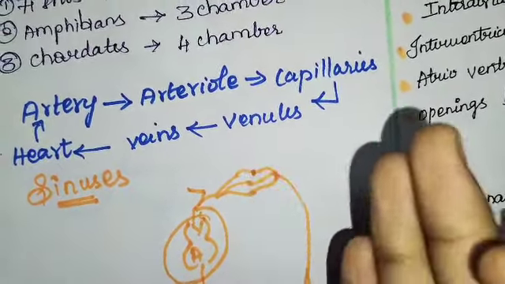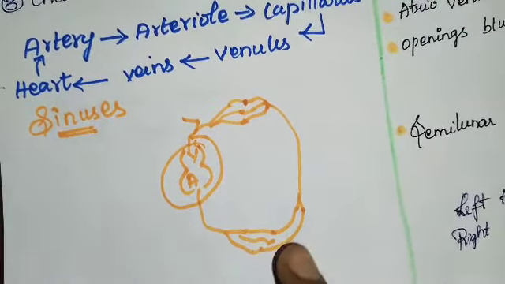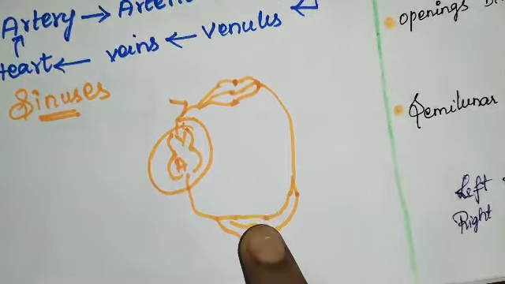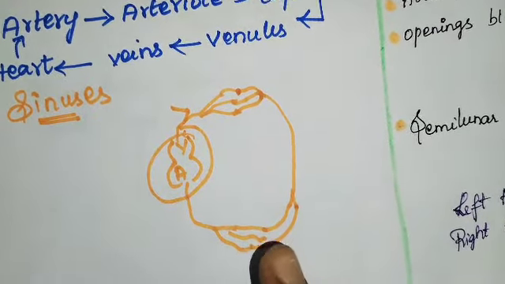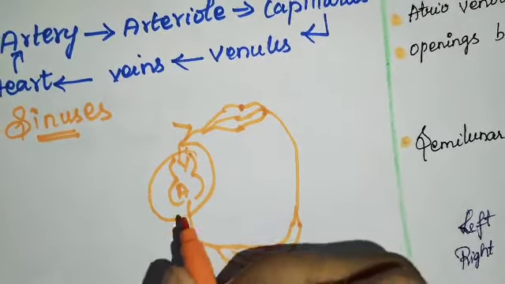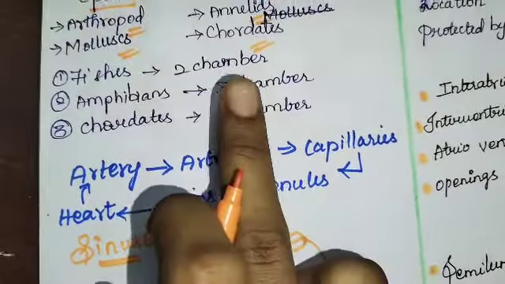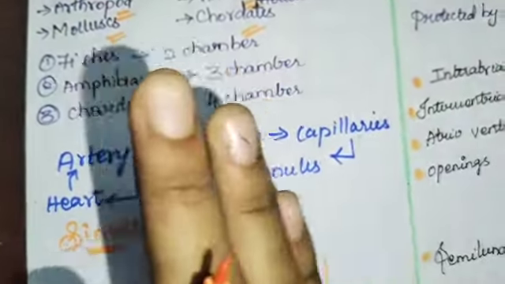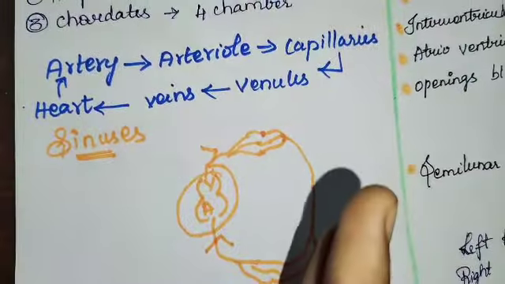The deoxygenated blood is exchanged in the gills, and the oxygenated blood comes to the body tissues, and from these tissues the blood goes to the atrium and ventricle. That is only one pathway. So the fishes have only one circulation with no mixing.